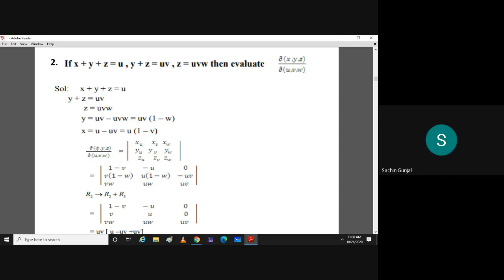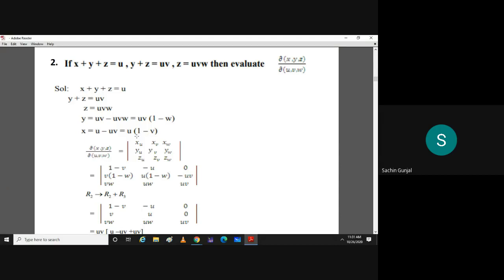Fine. By definition, the Jacobian of x, y, z with respect to u, v, w has first row x_u, x_v, x_w, that means differentiation of x with respect to u, v, w. The second row is y with respect to u, v, w, and the last row is z with respect to u, v, and w.